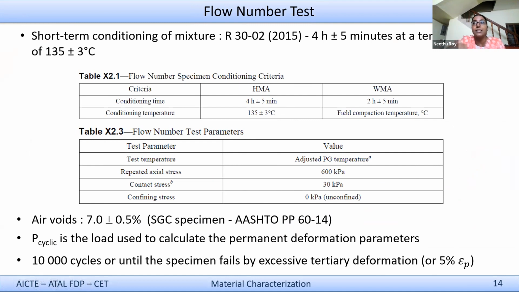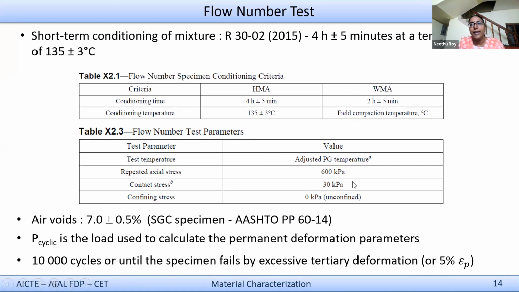You prepare the mix, spread it and keep it in the oven for 4 hours for the initial conditioning of the mix, and then you prepare the specimen in a gyratory or a Pressbox compactor. Essentially, the code suggests a test under unconfined conditions, but it is also suggested that if possible, it needs to be conducted at different confinement conditions to see how the material responds. The axial stress suggested is of the order of 600 kPa with a contact stress of 30 kPa.